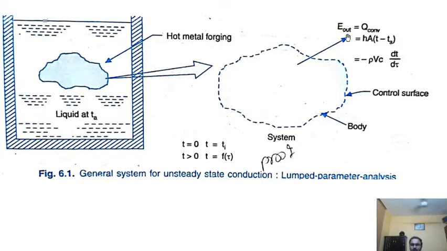So here E out, that is energy out, is equal to only Q convection, equal to hA(T minus Ta), where Ta is the liquid temperature, and which is equal to minus rho Vc dT by d tau. I will explain this formula separately. And this is a control surface.